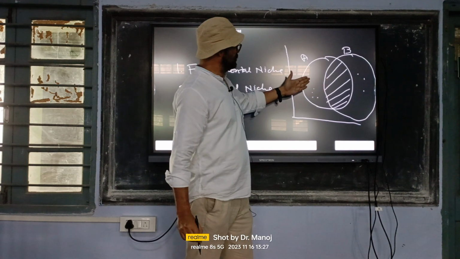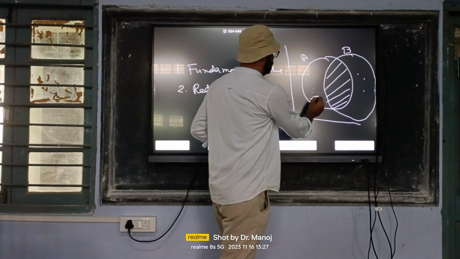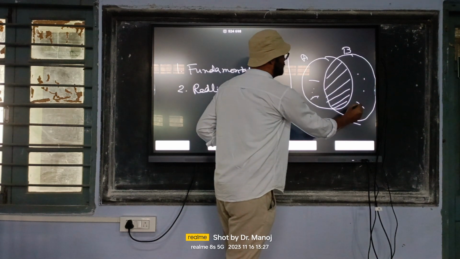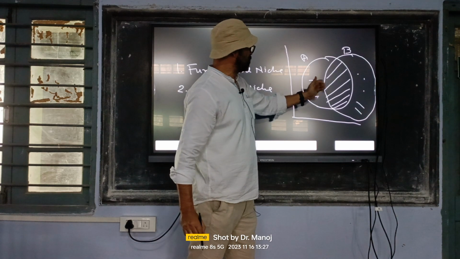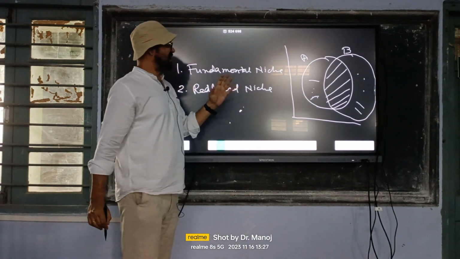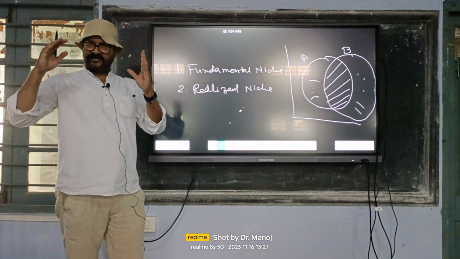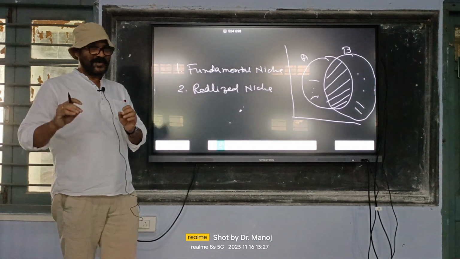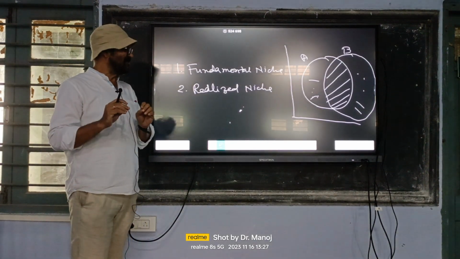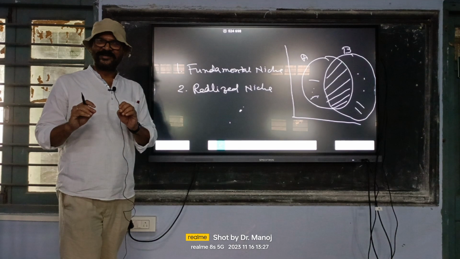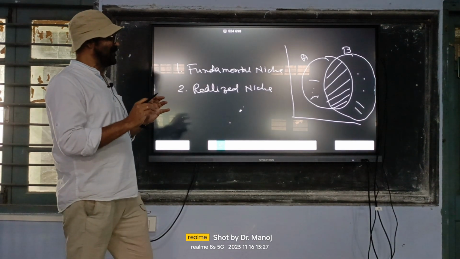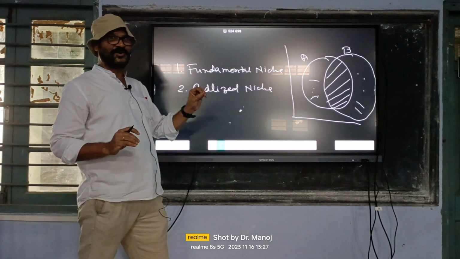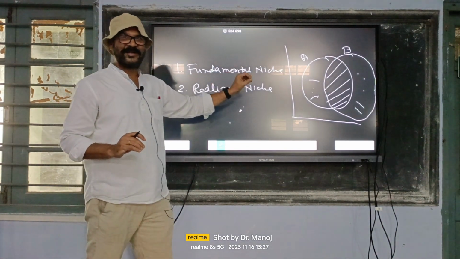This unshaded region will be the realized niche of both species, and this is the competing zone. Therefore, each and every organism has a fundamental niche, but they do not enjoy it because of competition. Because of competition, the fundamental niche will be reduced, and they will enjoy only a small portion of that hypervolume, which is called the realized niche.